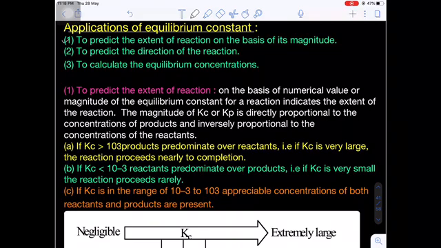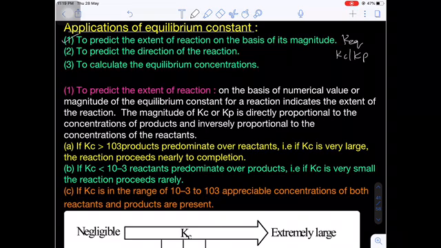Number one, to predict the extent of reaction on the basis of its magnitude. That means the magnitude of the K equilibrium, that is Kc or Kp, on which we can predict the extent of reaction.